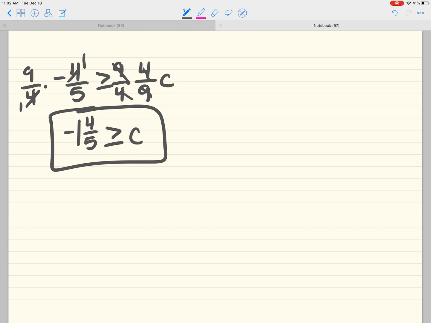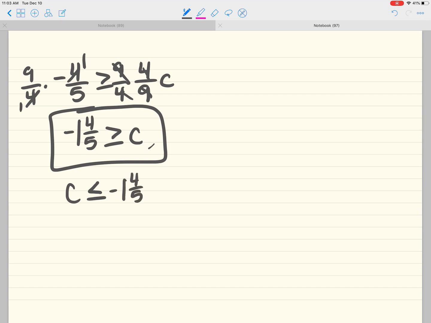One that is bigger than negative 1 and 4/5 or smaller? Smaller. Why less than or equal to, Nathan? Because it has the line under it, so it's equal to, and it's less. But why less than? Because you're looking at the variable, right? So if you want to write the variable first, how would I write that? I would say C is less than or equal to negative 1 and 4/5.